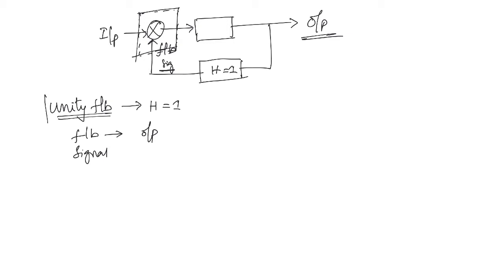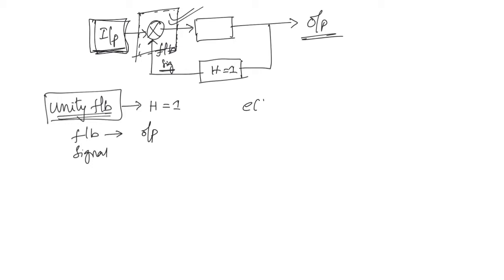What happens in a unity feedback system? The input and the output are directly being compared. So the desired output is nothing but the input itself. This input is what the output has to track.